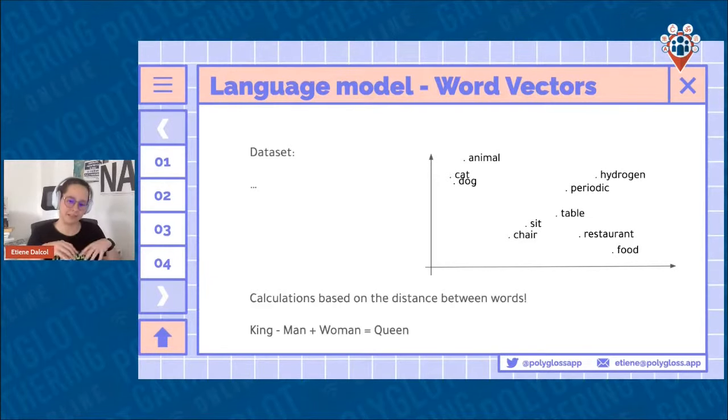And so once you have that, you can start making calculations based on the distance of these words in this graph. And the first time I learned about this, I was mind blown, because we can do things like calculating, for example, if you get the values for the word king, you subtract from that the values for the word man, you add to that the values for the word woman, and then with the resulting value, you go look for that in your space of random words.